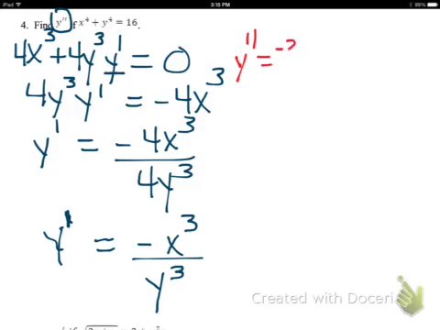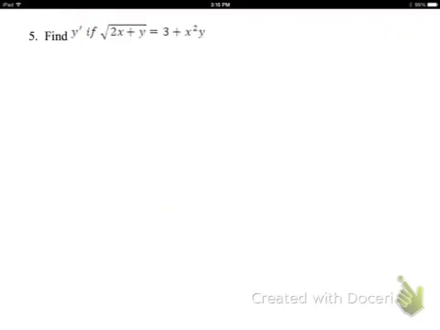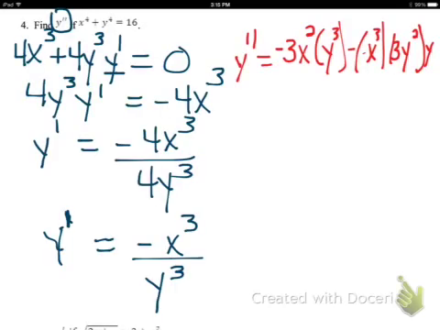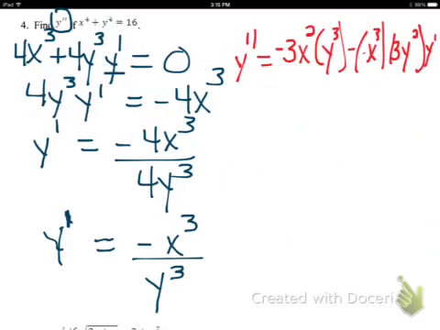So it would be negative 3x squared times the denominator, which is y cubed, minus the numerator, which is negative x cubed, times derivative of denominator, which would be 3y squared times y prime, all over the denominator squared.